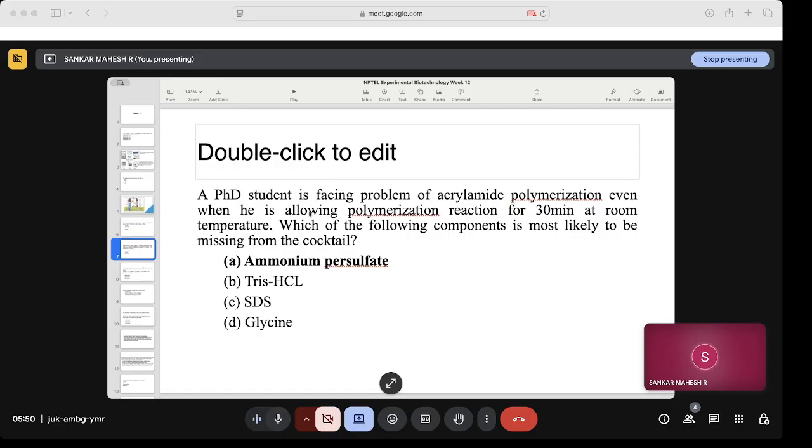Take a couple of minutes to think about how this polymerization happens. Before we get on to the right answer for the question, you can tell me how this is initiated, what initiates it, and how it is propagated. Take a couple of minutes to think about this, and then we'll discuss.